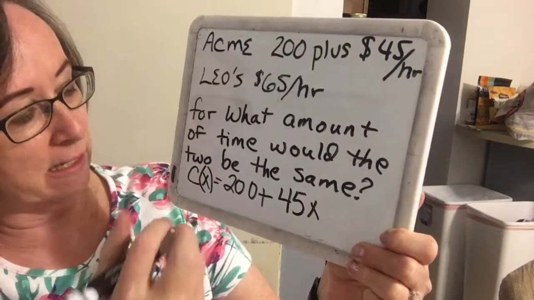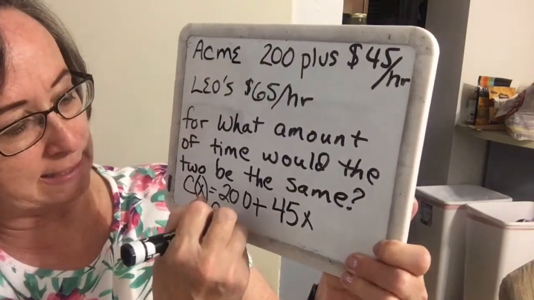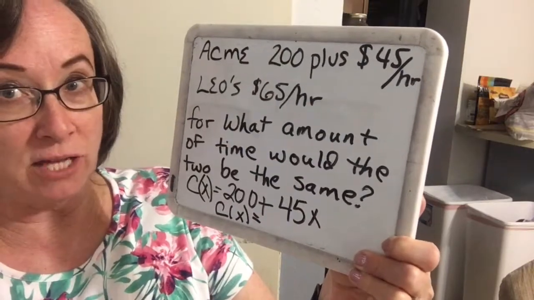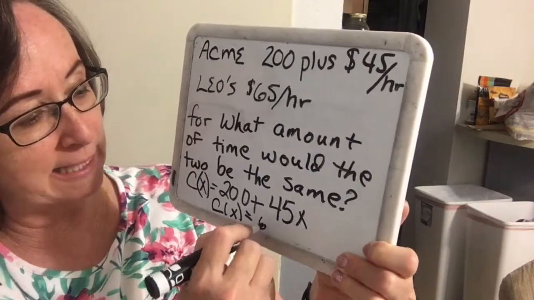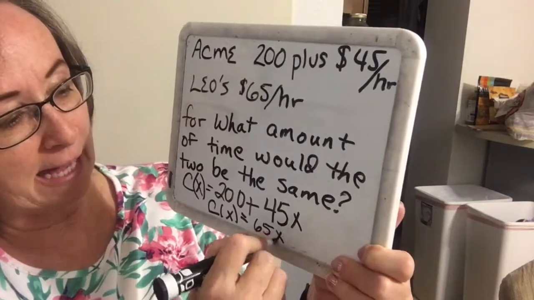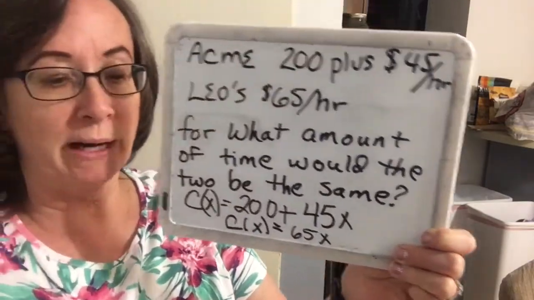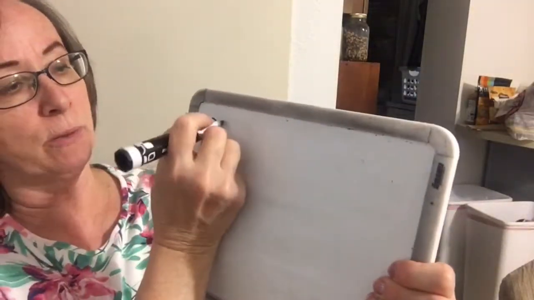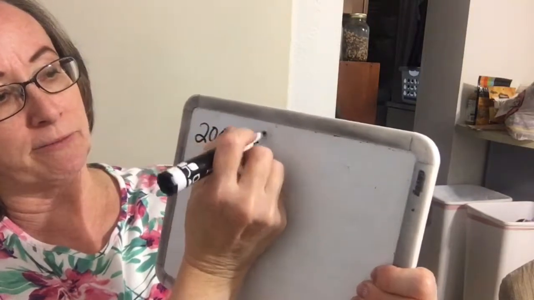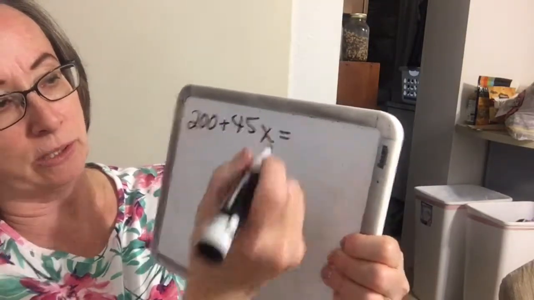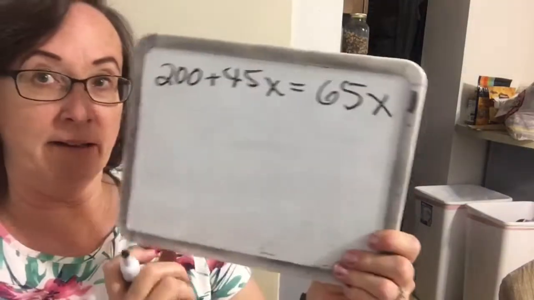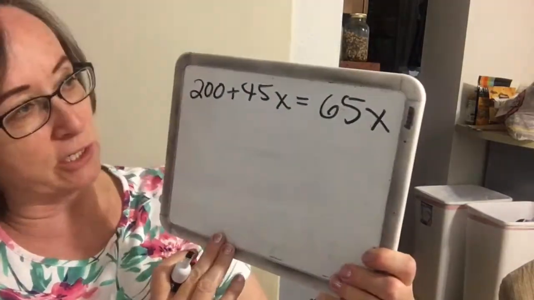And then Leo's cost would be C of x equals just 65 times the number of hours, or 65x. If we were trying to find where the two would be equal, then we would set 200 plus 45x equal to 65x.